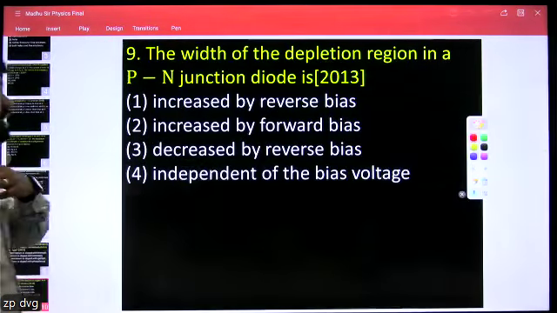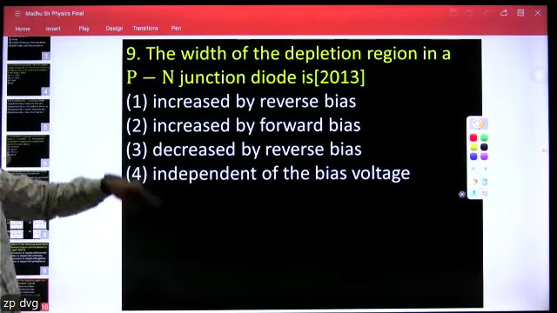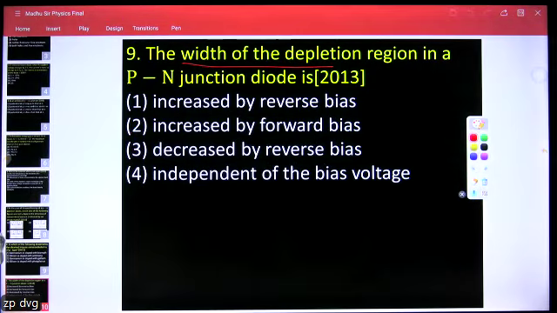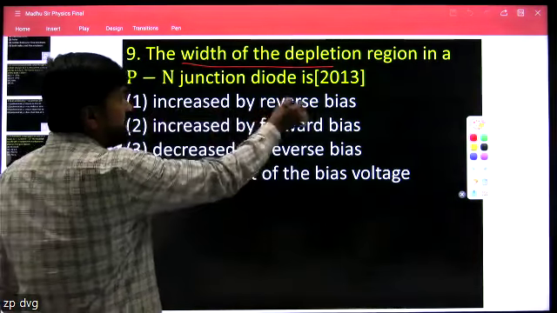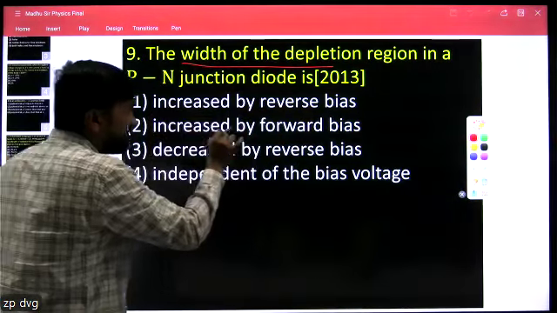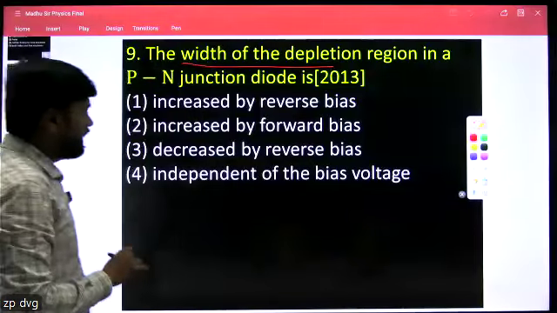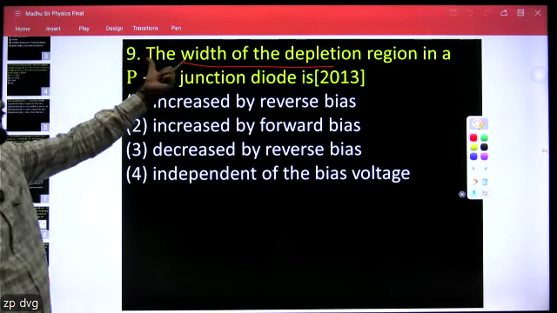The width of the depletion region in a PN junction diode is increased by reverse bias, increased by forward bias, decreased by reverse bias, independent of biasing voltage ಅಂತ ಕೊಟ್ಟಿದ್ದಾರೆ. ಅವ್ರೇನ್ ಕೇಳ್ತಾರೆ?